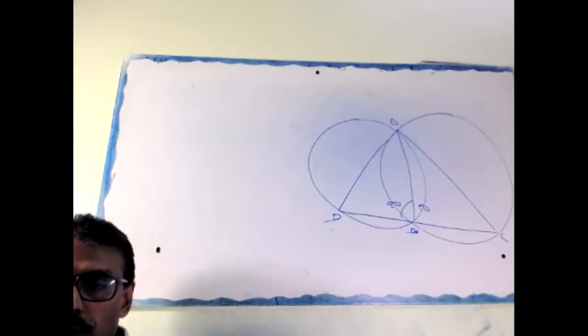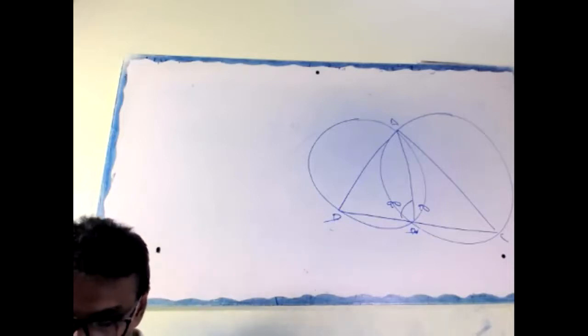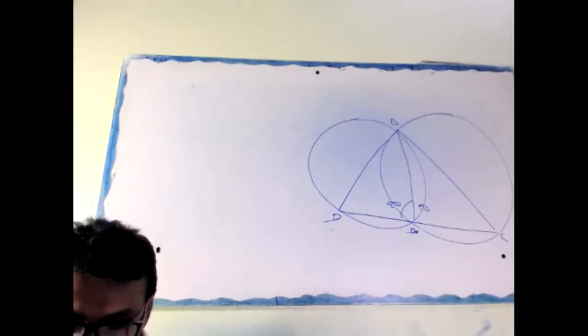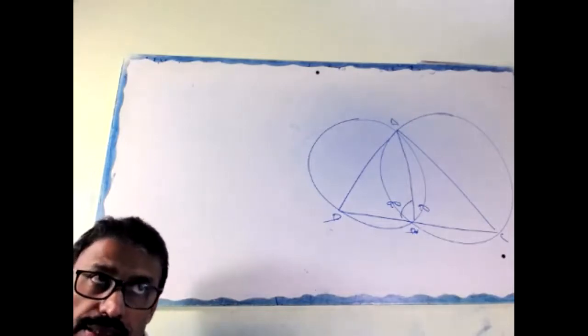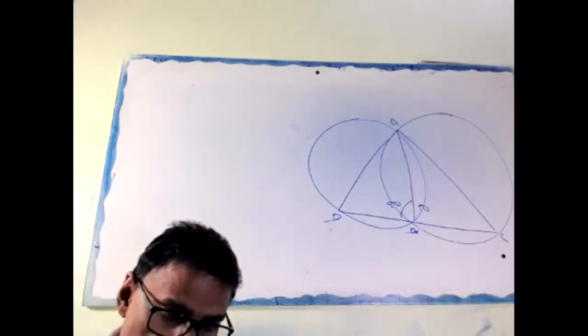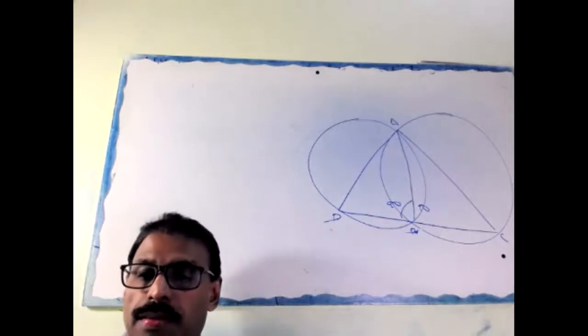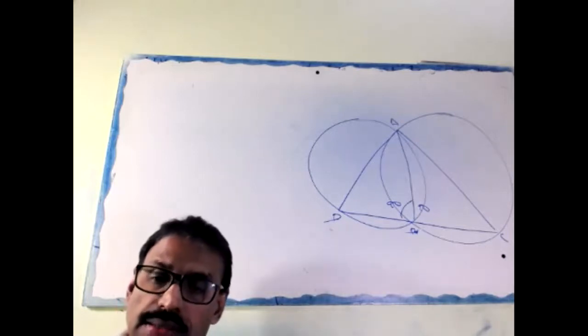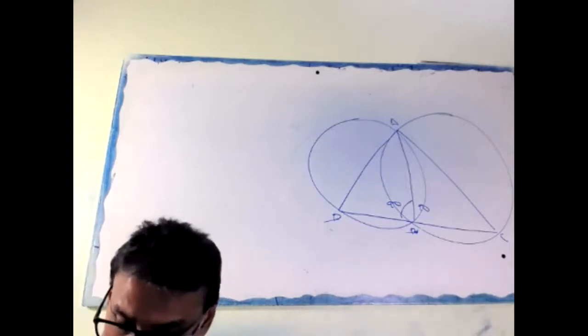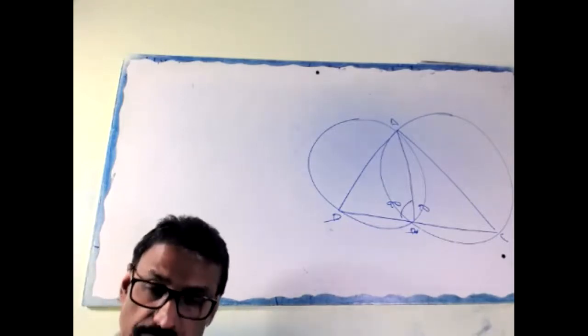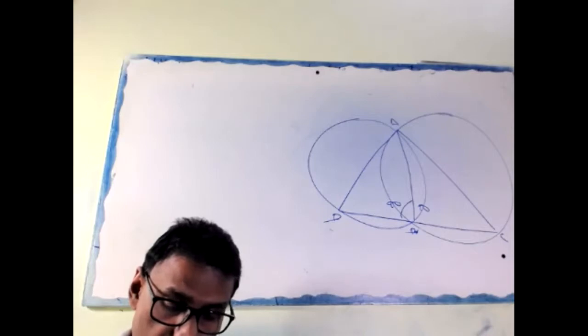Find the distance of the chord from the center. Okay, try now. Radius is 13, length of chord is 10. Find the distance of the chord from the center.